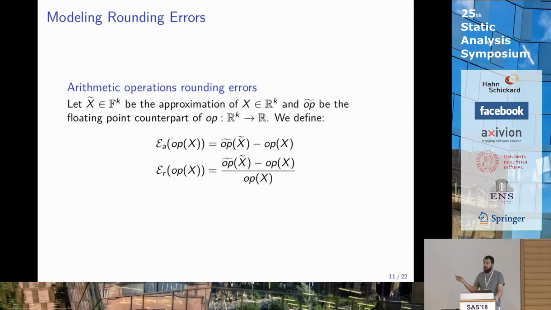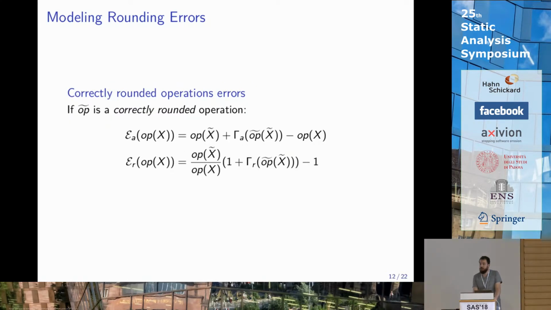These formulas are not really useful like that, but when we consider correctly rounded operations, we can expand them using the previous definition to obtain these formulas, which are perfectly equivalent to the previous ones in the concrete world, but will be useful to define precise semantics in the abstract.